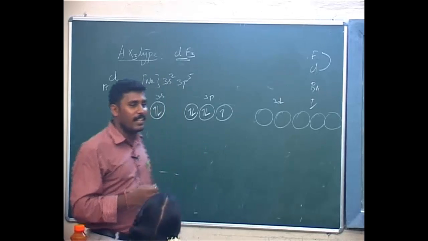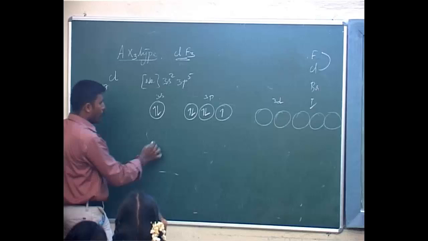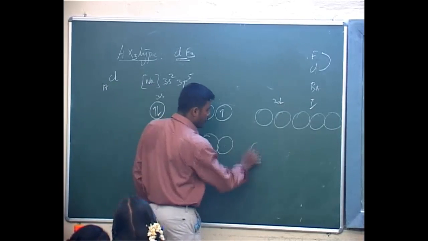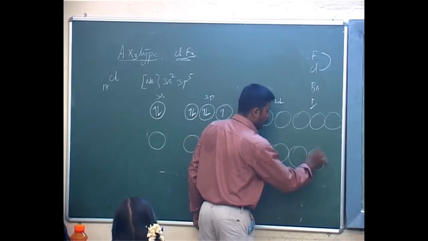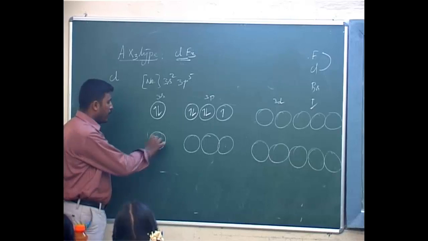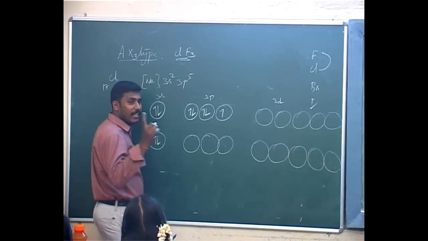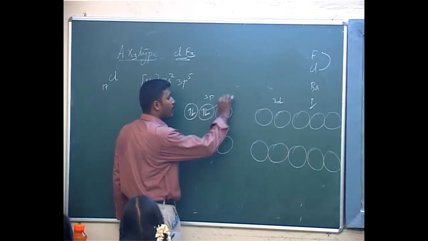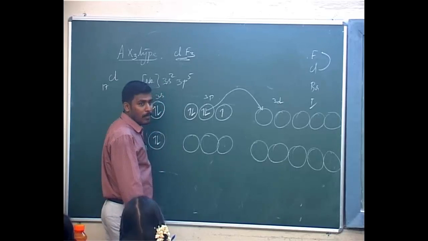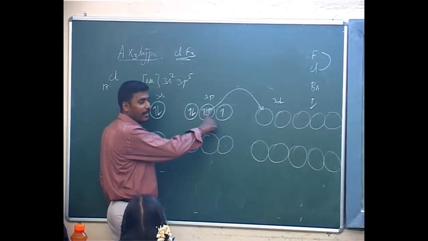So in the excited state, in 3s, p: 1, 2, 3, 1, 2, 3, 4, 5. Here, in the excited state, an electron from the p orbital goes here to make a single bond. Now here also a single bond, here also, here also.